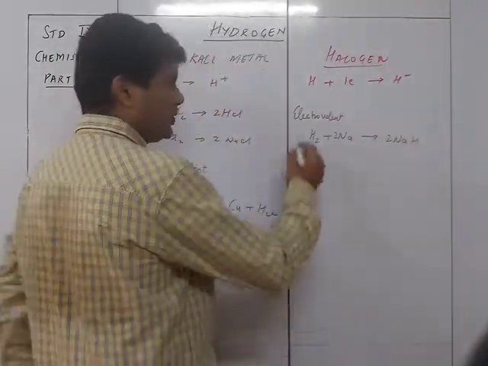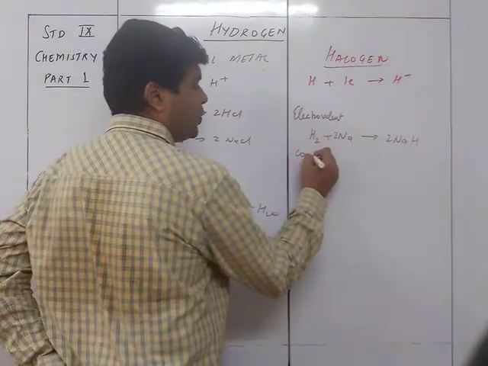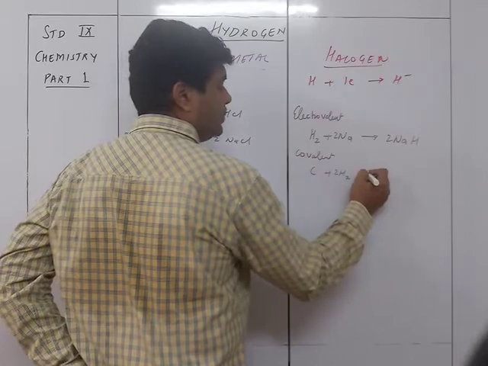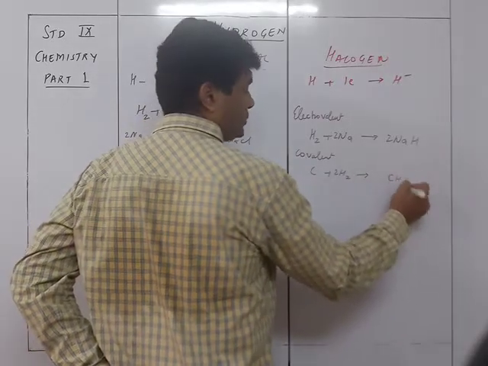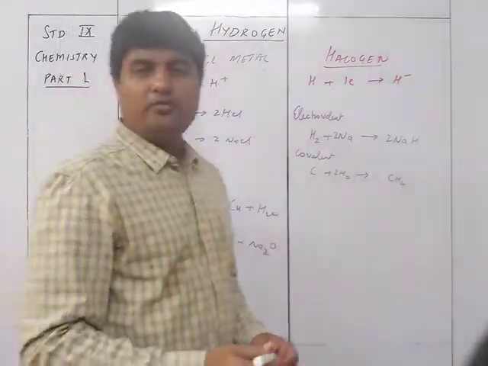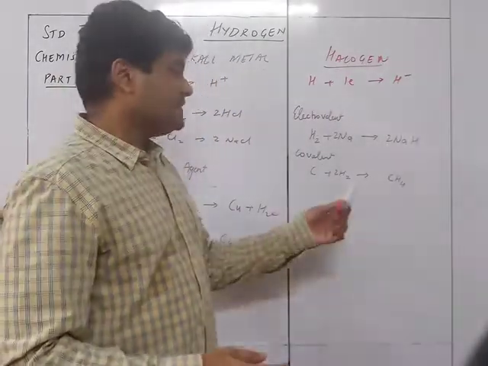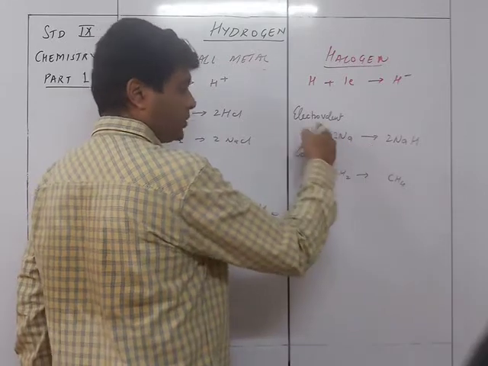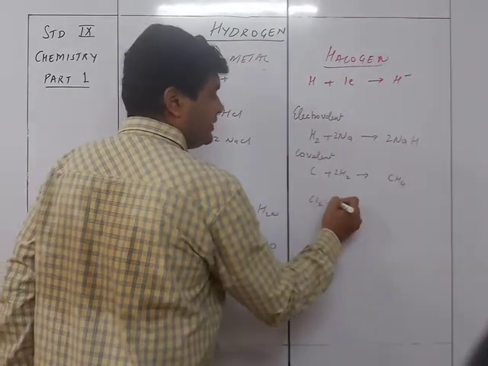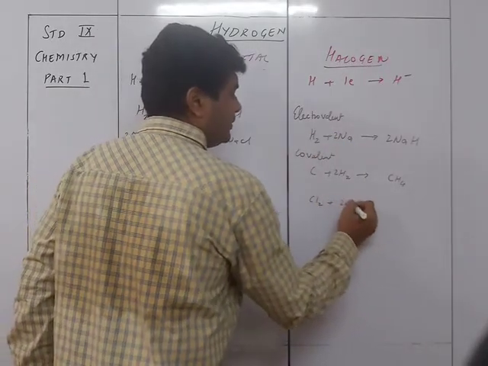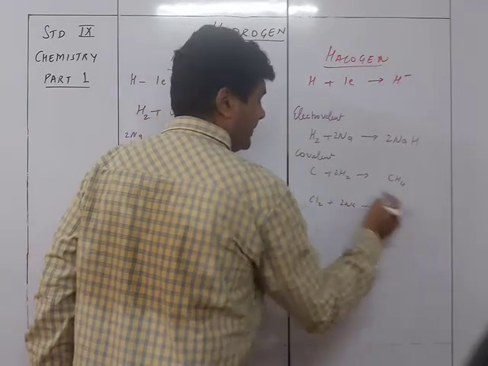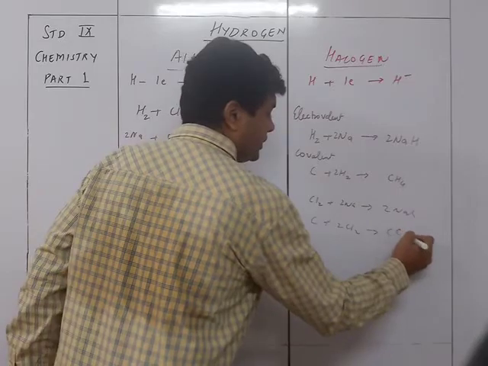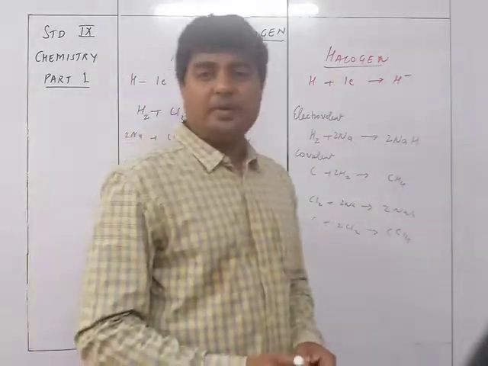At the same time, it can also have a covalent bond. In a covalent bond, you know that C plus 2H2 is going to give me CH4. So there is a covalent bond formed between the two. This is similar to chlorine, which also happens the same way. Cl2 plus 2Na will give you 2NaCl, or C plus 2Cl2 will give you CCl4, which is nothing but carbon tetrachloride.